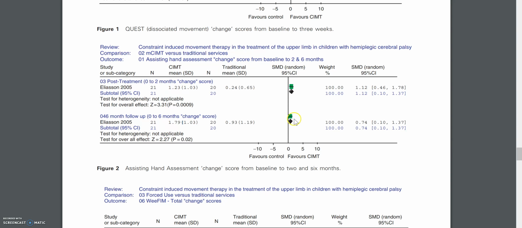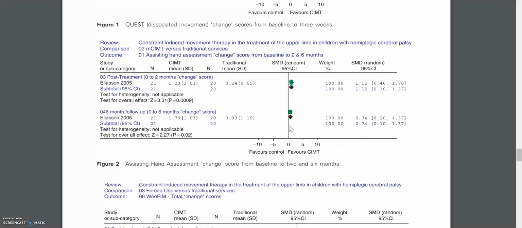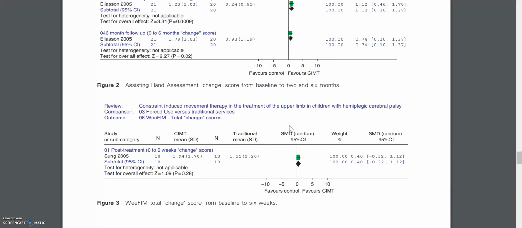The diamond at the bottom that you see for each one will represent all of the individual studies combined together in average, and the horizontal points of the diamond are the limits of the 95% confidence intervals. So the points, boom, boom, boom, boom. Okay? Let me go down and see if it's the same thing.